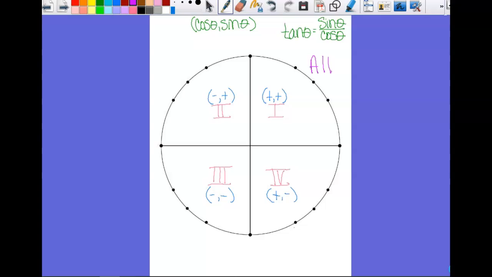In the second quadrant, my y value is positive, so which one is that? Sine, cosine, or tangent? Sine, right? And when I create tangent and I put sine over cosine, is it going to be positive or negative? Negative, and so is cosine. So the only one of sine, cosine, and tangent that's positive in the second quadrant is sine theta.